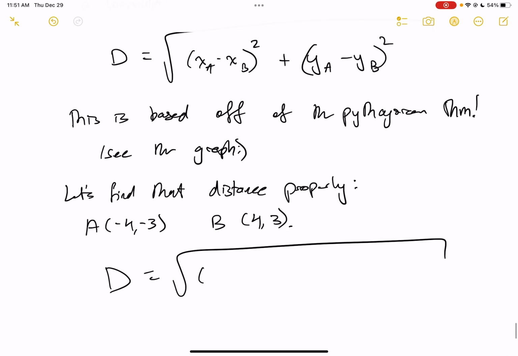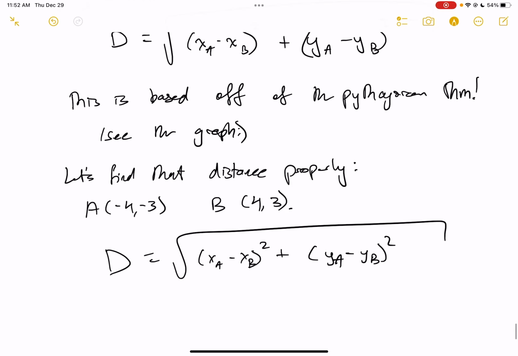So here, it's going to be xa minus xb squared plus ya minus yb also squared. Again, it doesn't matter which direction you're going when it comes to the x's and the y's, the a, b direction doesn't matter, as long as you're consistent. Again, just like when we're finding slopes.